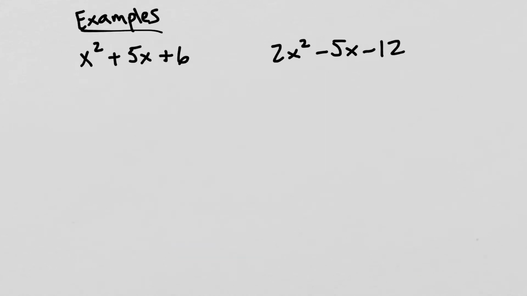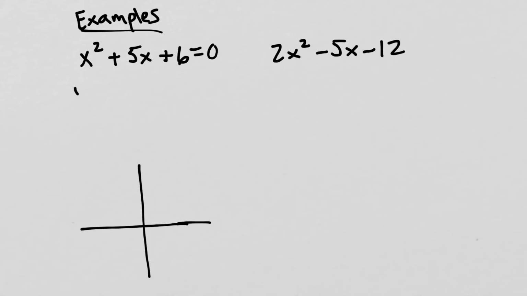So a couple more examples. The first one here, if we have x squared plus 5x plus 6. Again, we are going to draw the graph as we go, but I want to focus on solving. The first thing we would do is solve. We set it equal to 0 and try to factor it.